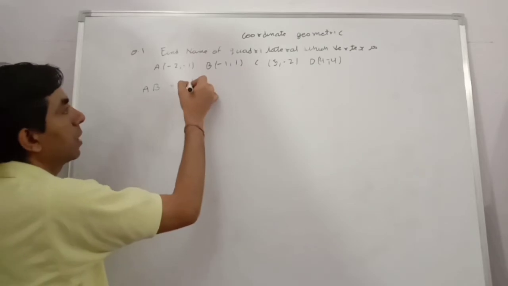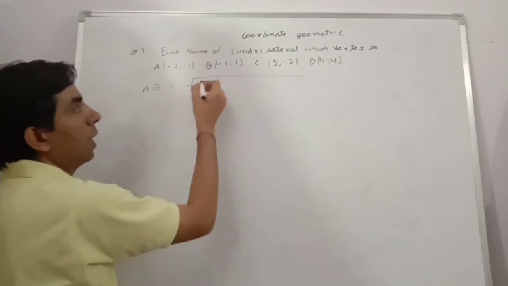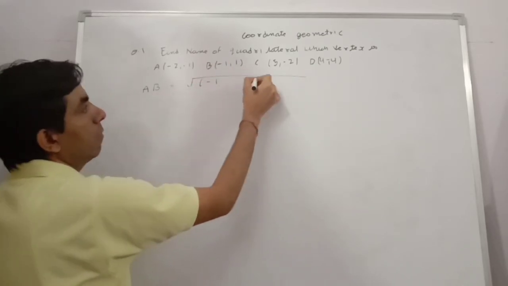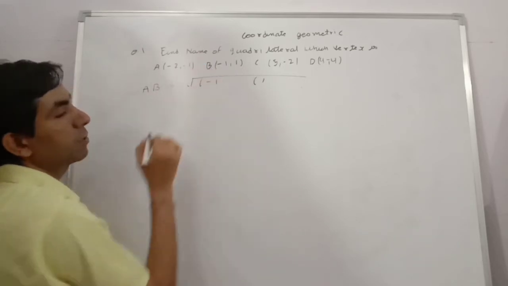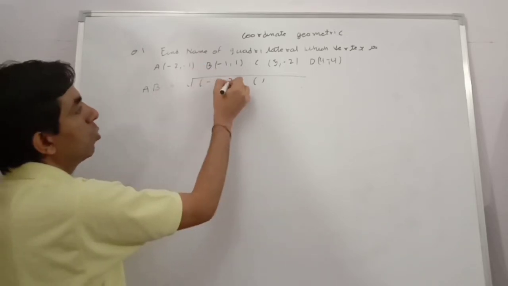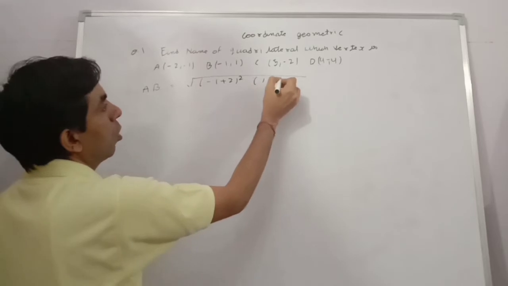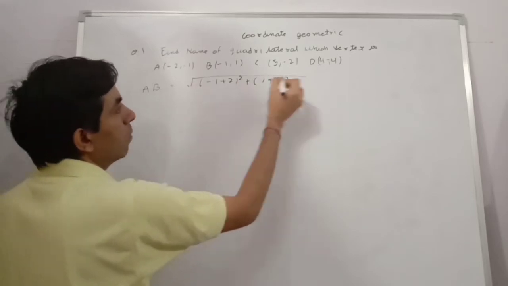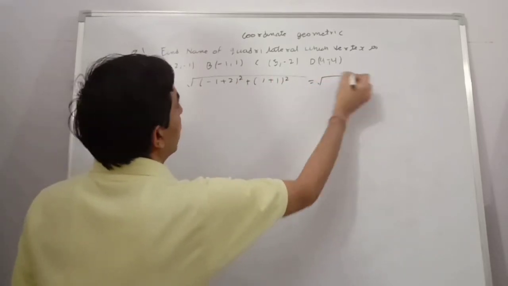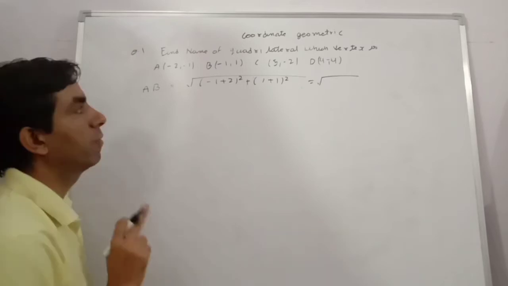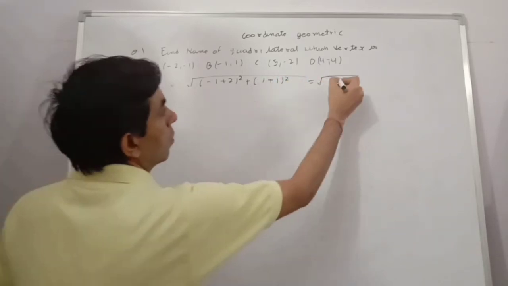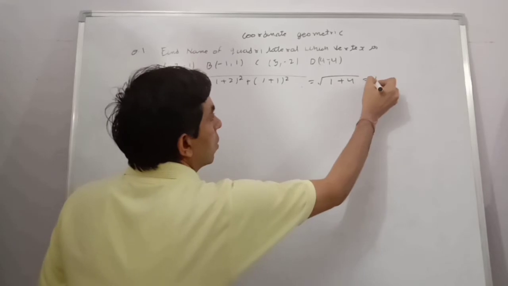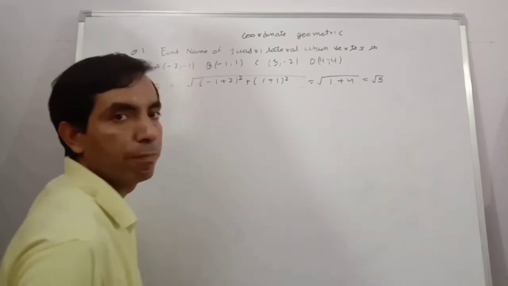By this method AB is equal to root of (minus 1 plus 2) whole square plus (1 minus 1...) with x2, y2 and x1, y1 as given. Then we get 1 square is 1, plus 2 square is 4. Then we get AB is equal to root 5.